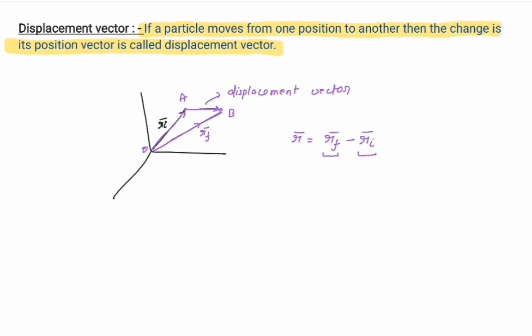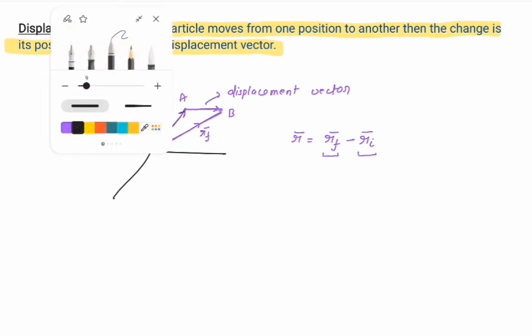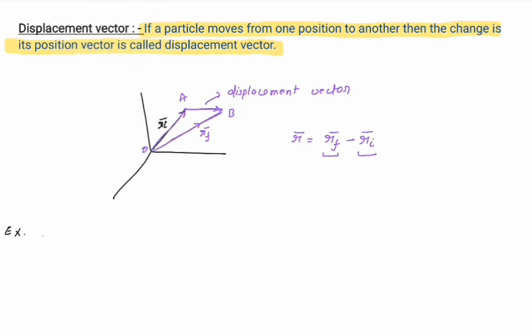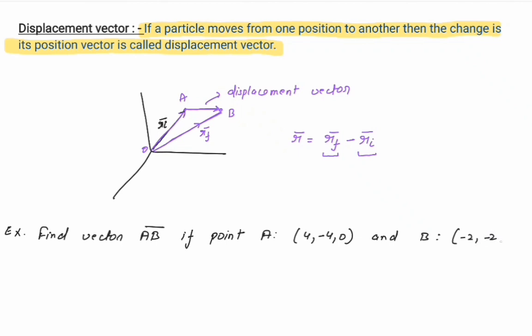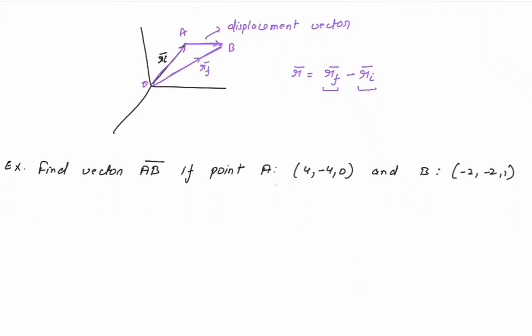Okay, let's try to understand this with the help of an example. Find vector AB if point A is (4, -4, 0) and B is given as (-2, -2, 1). This was the first point, point A, and this is point B. It means point B is the final point, and A is the initial point.